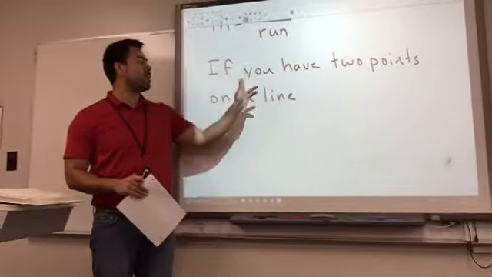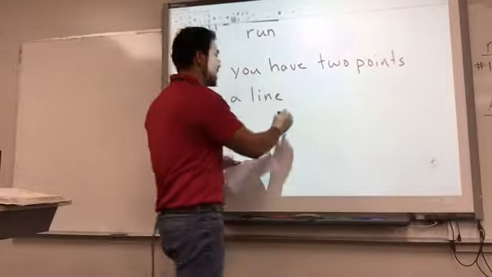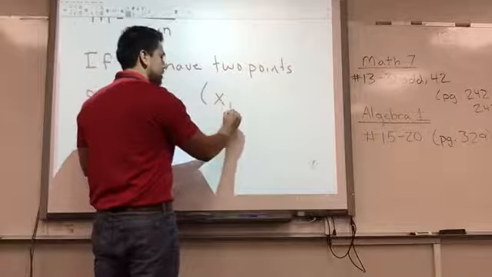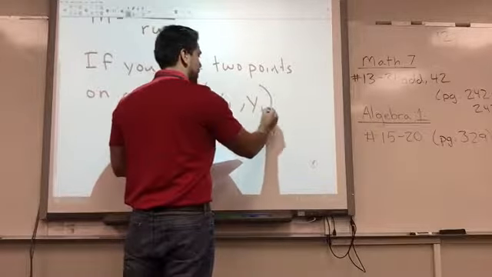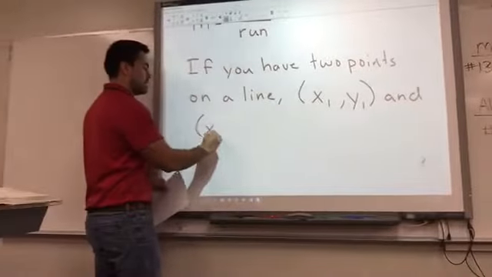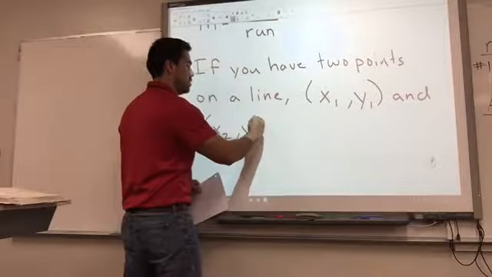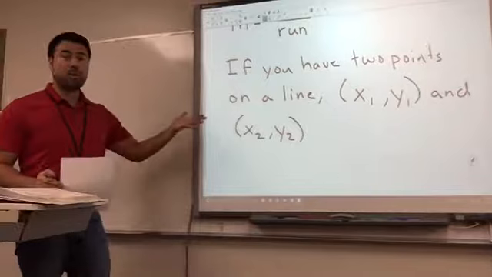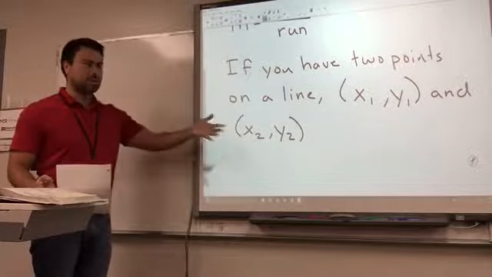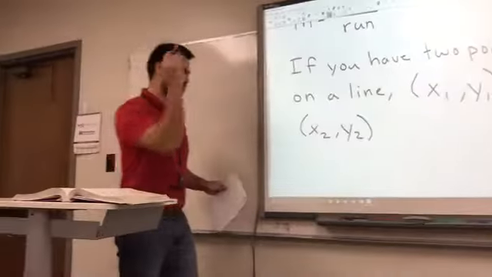So if you have 2 points on a line, this time I'm going to give you the points in this form: x sub 1, y sub 1, and x sub 2, y sub 2. Those are points, and they apply to any line. I don't know what the points are right now, but we'll look at examples where they give us points.